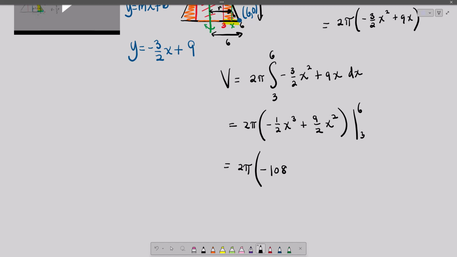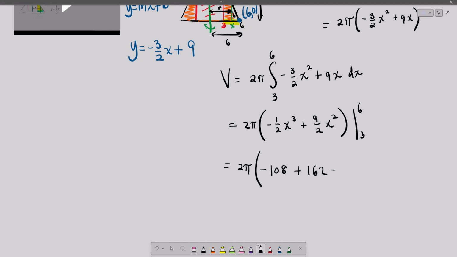And then here we have 36 divided by 2, which is 18 times 9. Is that 171? Somebody check. 18 times 9 is 162. Okay. Not even close. 162.